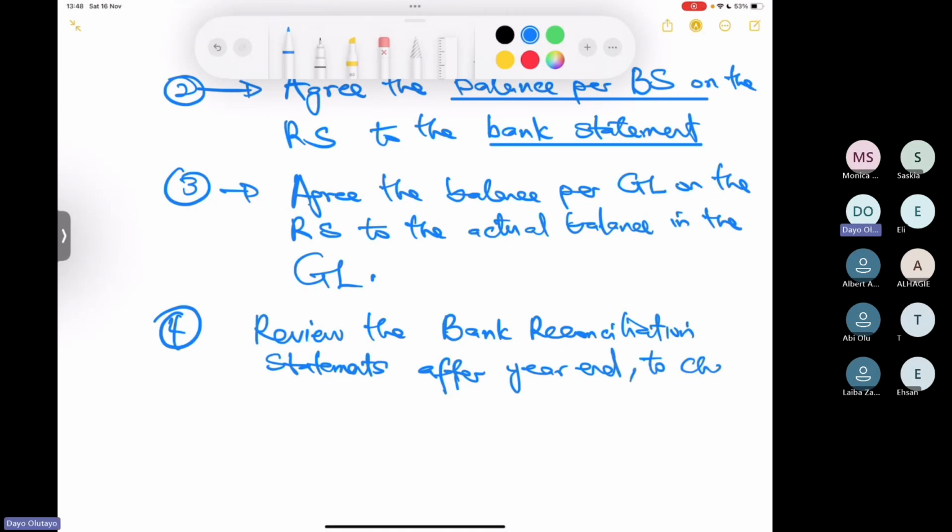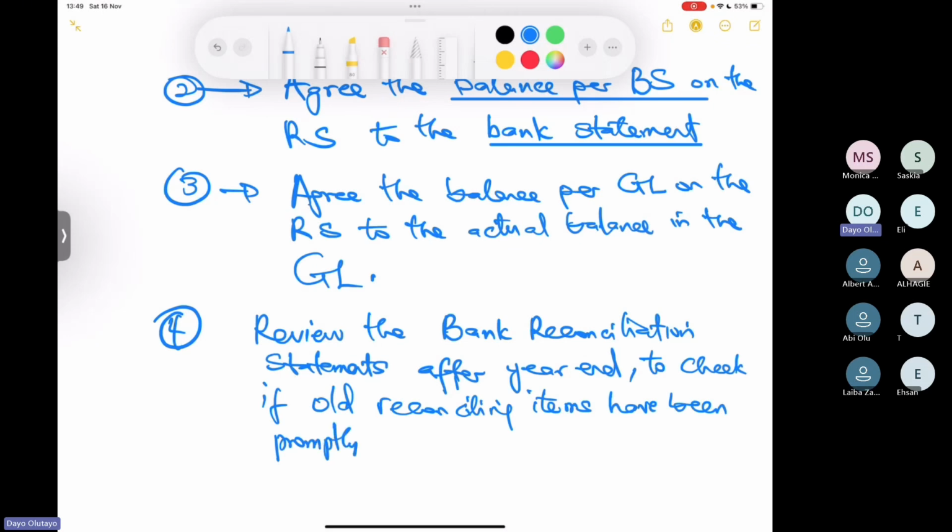To check if old reconciling items have been promptly cleared. Because bank reconciliation is not just about picking out reconciling items, it's about identifying them and clearing them. So if you don't clear them, you're not doing anything.